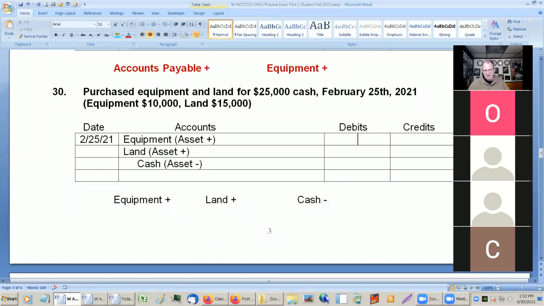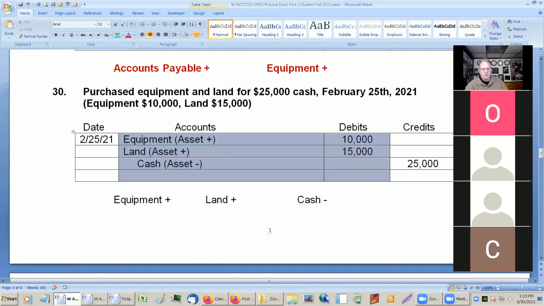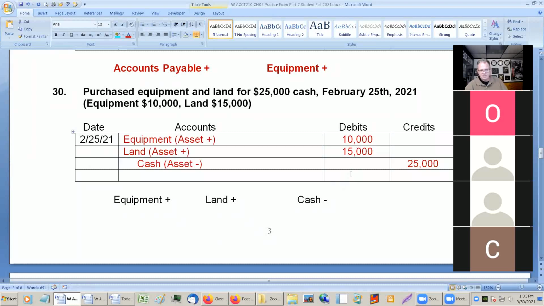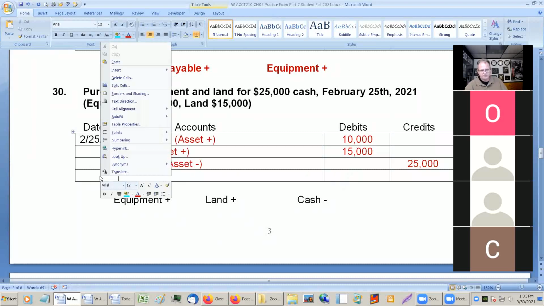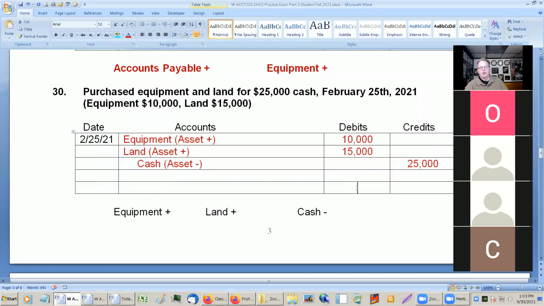Each of these accounts is going to have a different amount in it. You can see that these both add up, right? This side is 25,000. This side is 25,000.